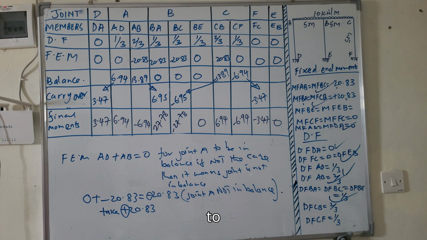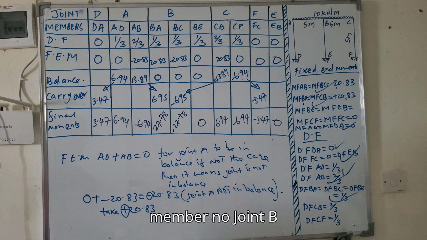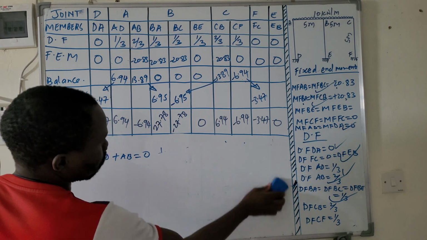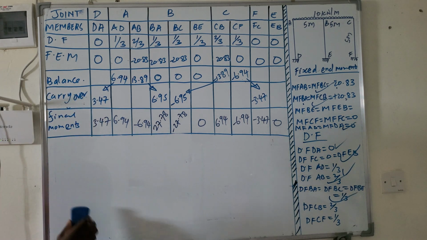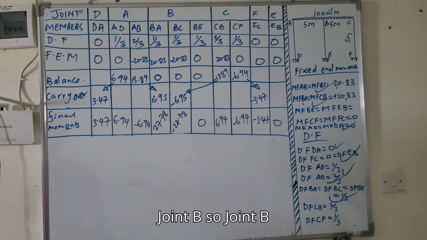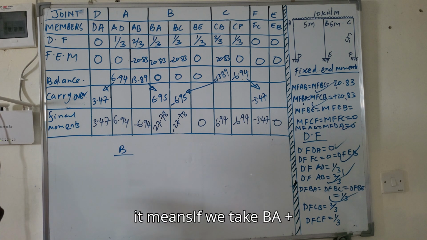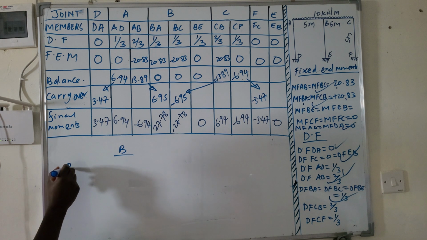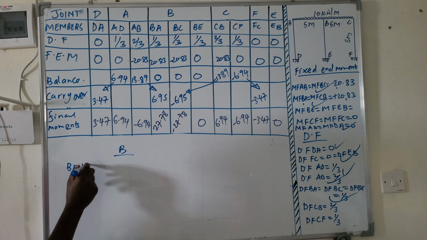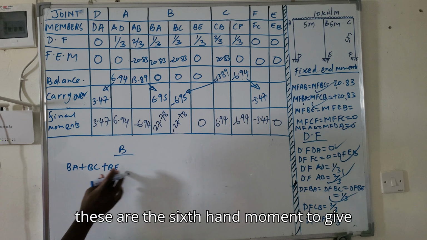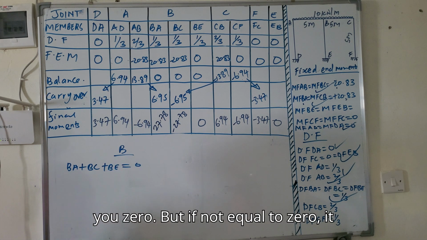We proceed to joint B. It means if we take BA plus BC plus BE, these fixed end moments should give you 0.